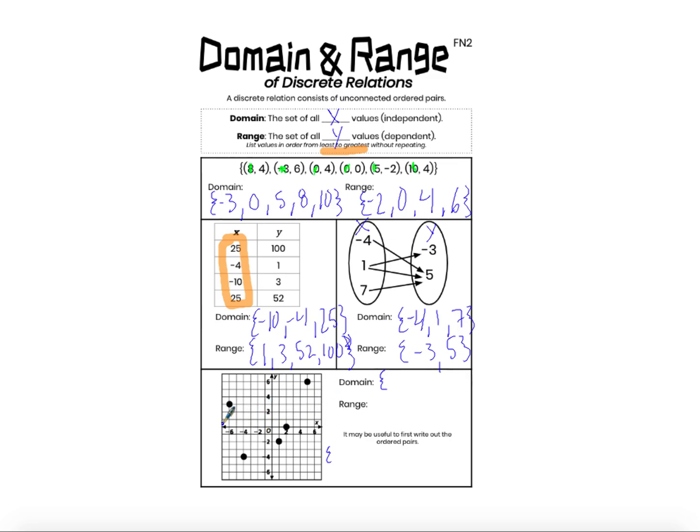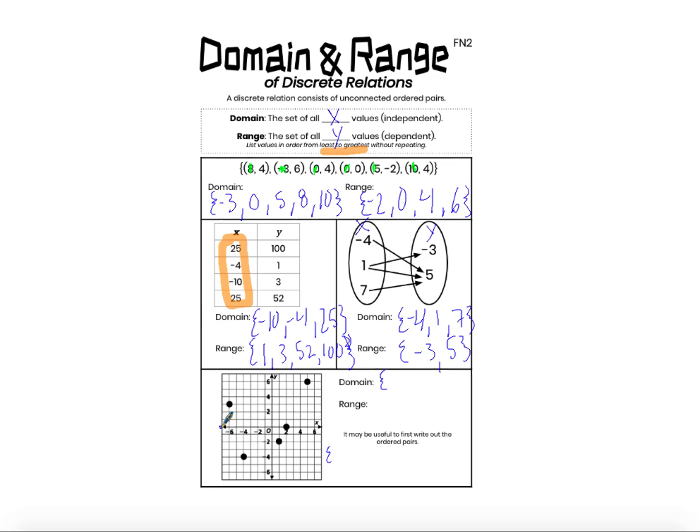So we're going to start with the smallest possible x values on the x-axis on the left of the graph, and we're going to move from left to right, so getting bigger. And we're going to identify as we go which x values have a point on the graph, and therefore an x coordinate of that value.